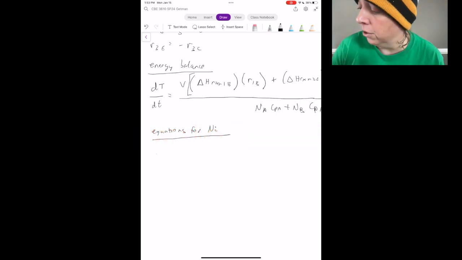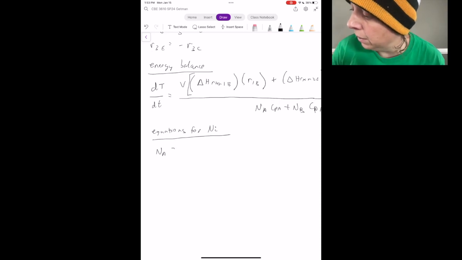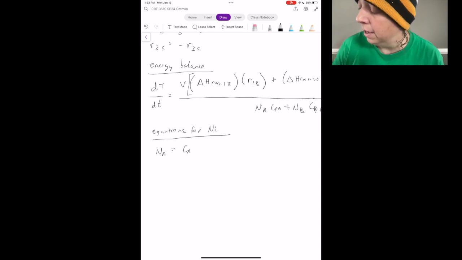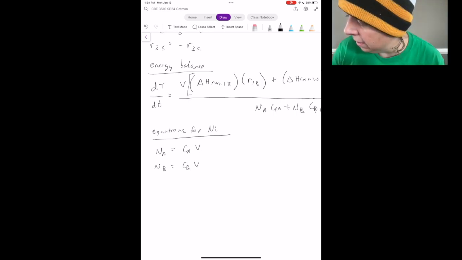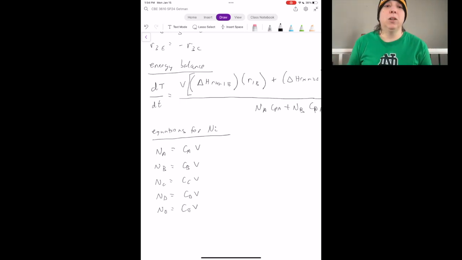So this is just a conversion factor. NA is going to be equal to CA times V. V is this 2,000 liters. NB equals CB times V, NC equals CC times V, ND equals CD times V, and then NE is equal to CE times V. So that gives me my number of moles. I'm missing something else here.